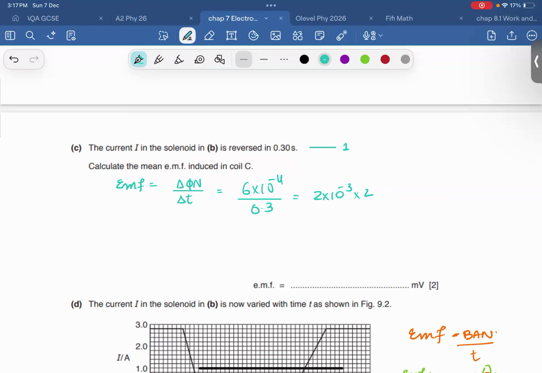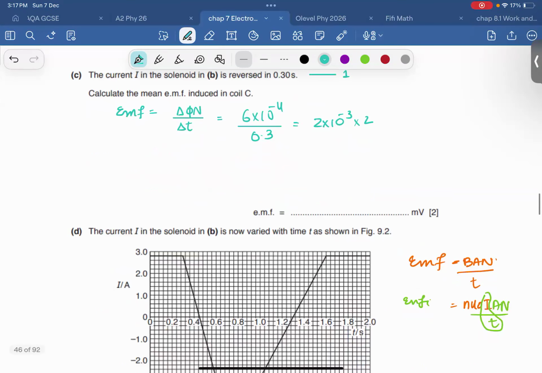If you change the current to 0, then you don't have to multiply it with anything. So that is one thing to keep in mind. Due to that you'll get 4.0, and since the answer is in millivolts, you don't have to write exponent negative 3 anymore. Is that clear?